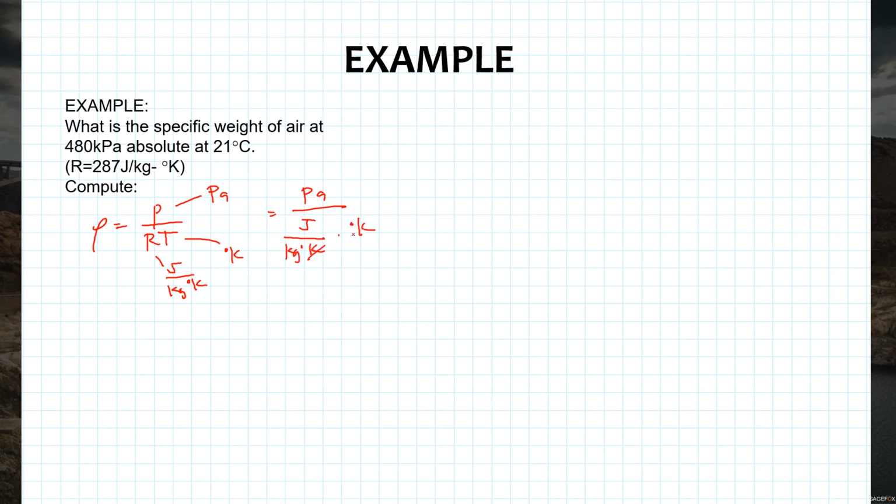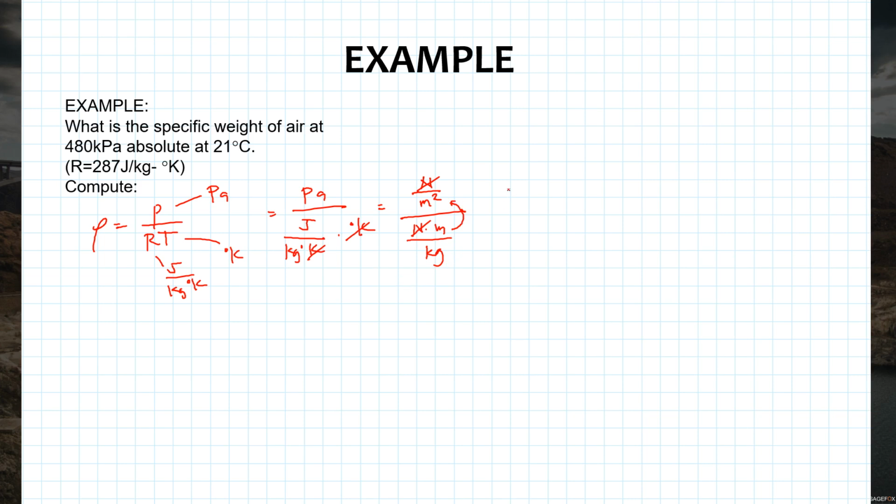So from this, the degree Kelvin will be cancelled out, but Pascal is in Newton per square meter, while joules is a unit of work, or force times distance, Newton meter, over kilogram. So you can see Newton can be cancelled out.